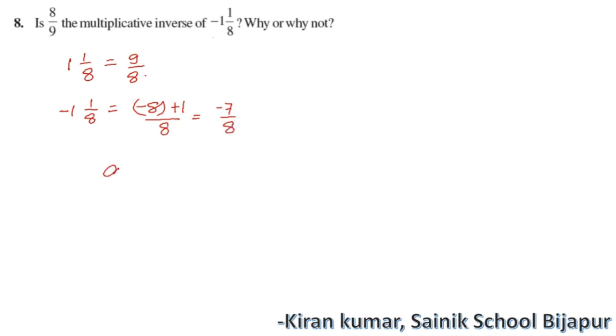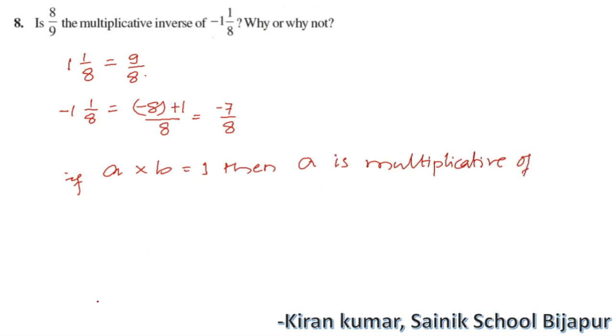We all know that if A is multiplied to B and if the product is 1, then A is multiplicative inverse of B. Suppose if I multiply 8 by 9 with negative 7 by 8, the product is not equal to 1.